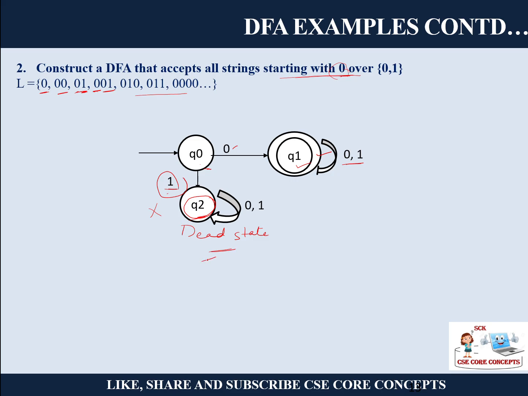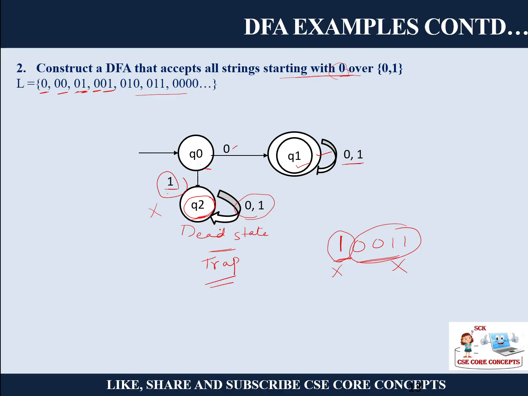A dead state is also called a trap, meaning you are trapped here and you cannot move to any other state. Now suppose your string starts with 1 and thereafter you put any number of zeros and ones. It does not make any sense because the basic requirement is not fulfilled, right? So after this 1, whatever zeros and ones you have, you will remain in the dead state only. You will not change the state.